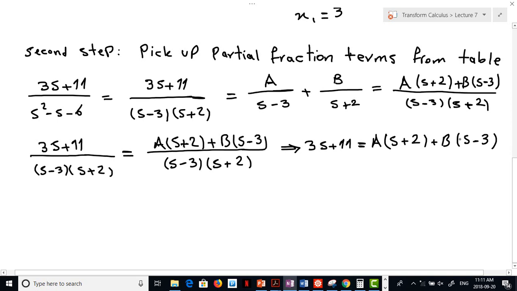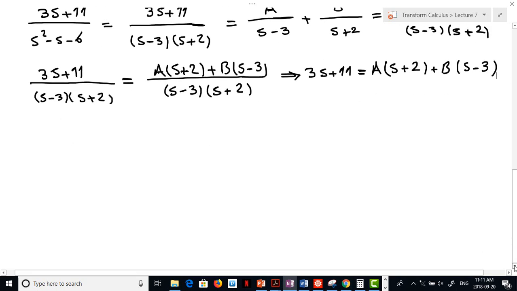In order to find A capital and B capital from this equation, we have two solutions. The first solution is a general solution and it works for all the problems. So we say 3s plus 11 on the left hand side of the equation, and then I expand the right hand side: A times s plus 2 times A, plus B times s minus 3 times B, and then I factor s.